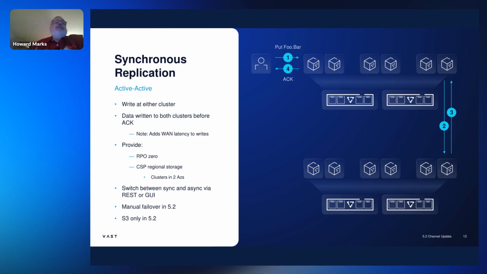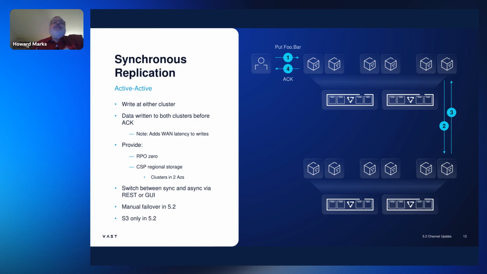This would allow cloud providers to provide regional as opposed to zonal storage by having clusters in 2 zones within the region. It's an active-active model, so you can write to either cluster and be sure that both clusters have all of the data. But be very clear, in 5.2, this is a solution to data durability.